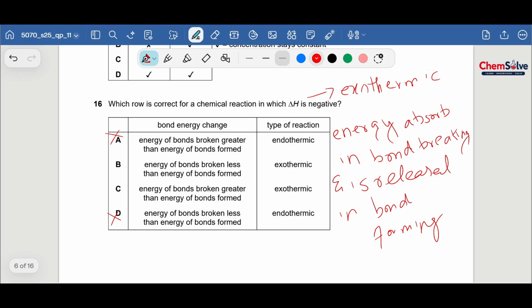Option C says the energy of the bonds broken is greater. No, the energy of the bonds broken should be less, and the energy released during the formation of bonds should be more in order to make a reaction exothermic. So the option would be B here.